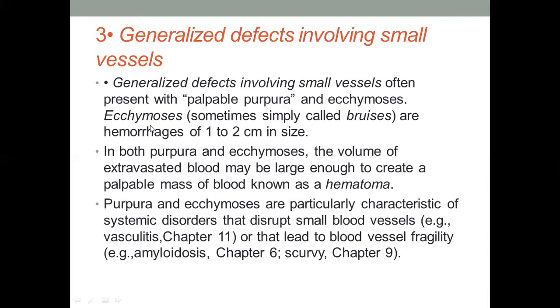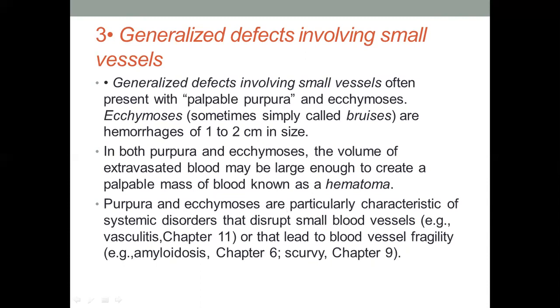In both purpura and ecchymosis, the volume of extravasated blood may be large enough to create a palpable mass of blood known as hematoma. So hematoma is a palpable mass of blood. Purpura and ecchymosis are particularly characteristic of systemic disorders that disrupt small blood vessels, for example vasculitis, or that lead to blood vessel fragility, such as amyloidosis and scurvy.